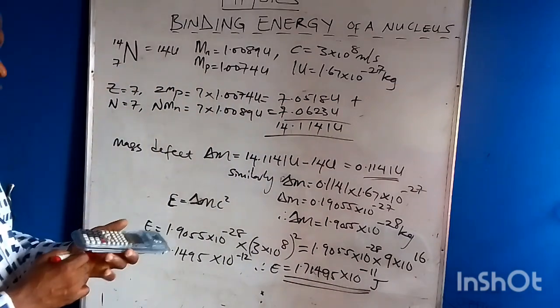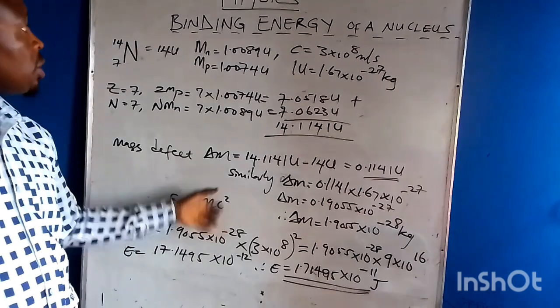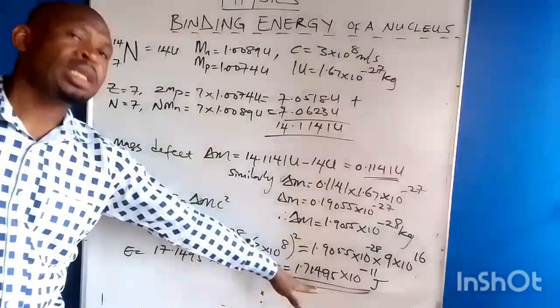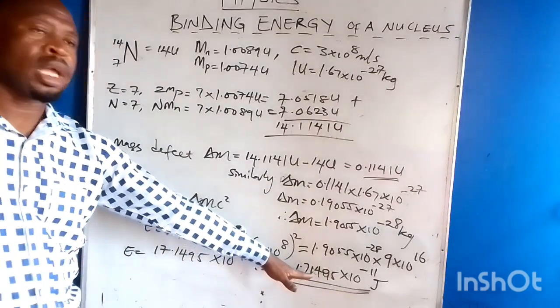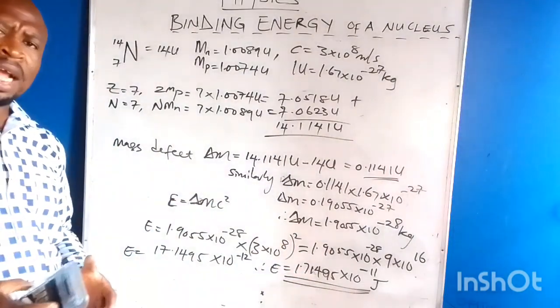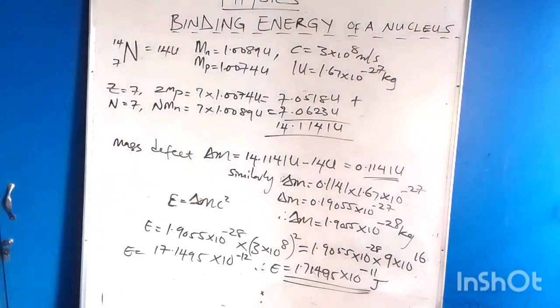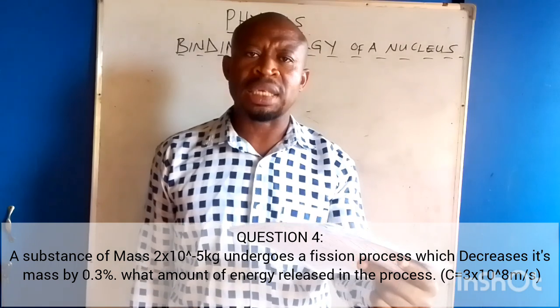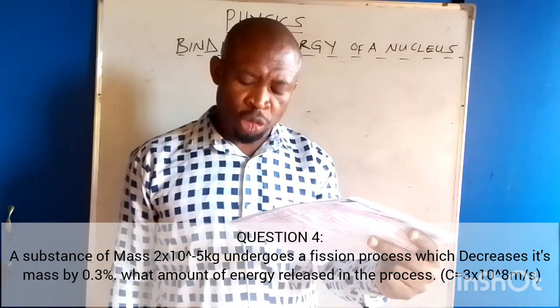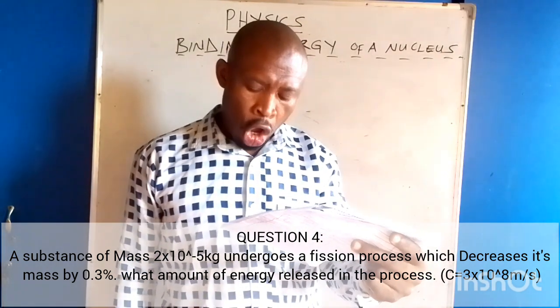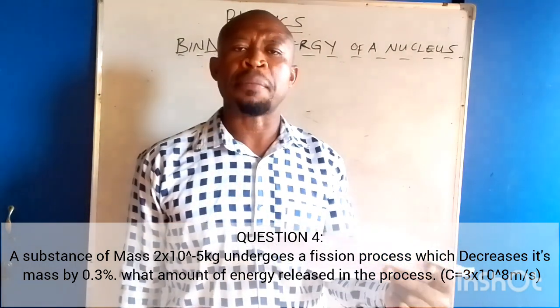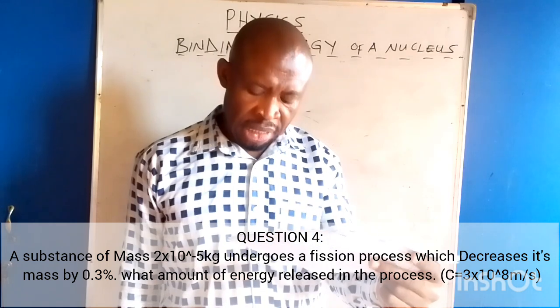Because they say calculate it in joules, they gave us all these things, and the energy released now is in joules. So we'll take the next question. The question says, a substance of mass 2 times 10 raised to the power minus 5 kg undergoes a fission process which decreases its mass by 0.3%.